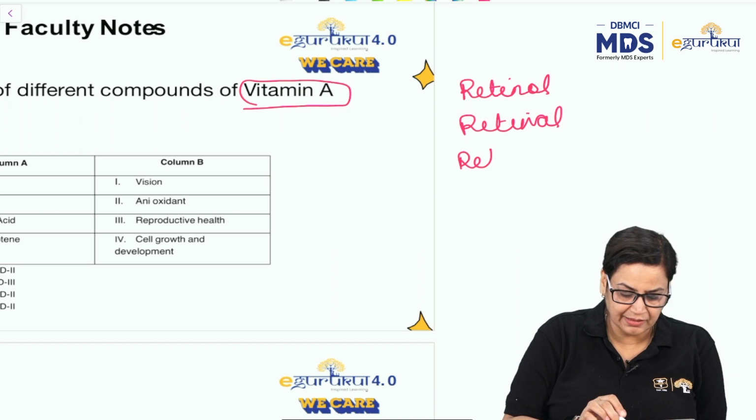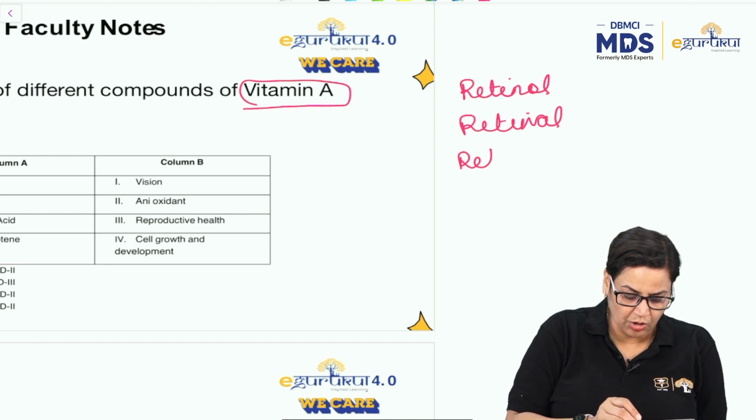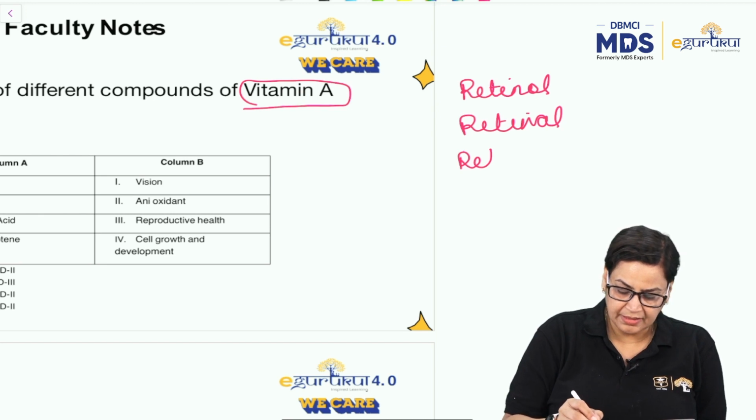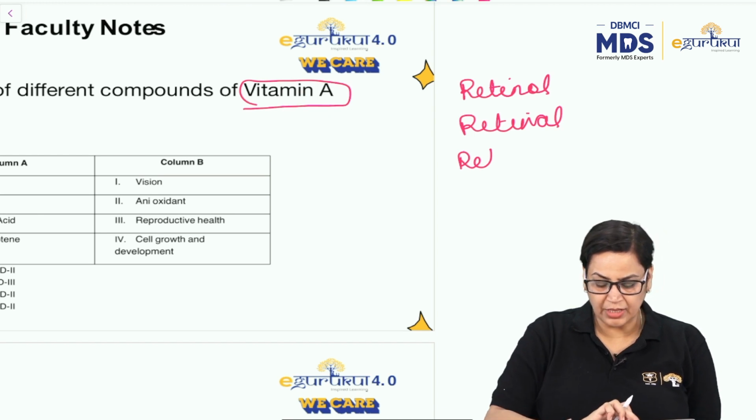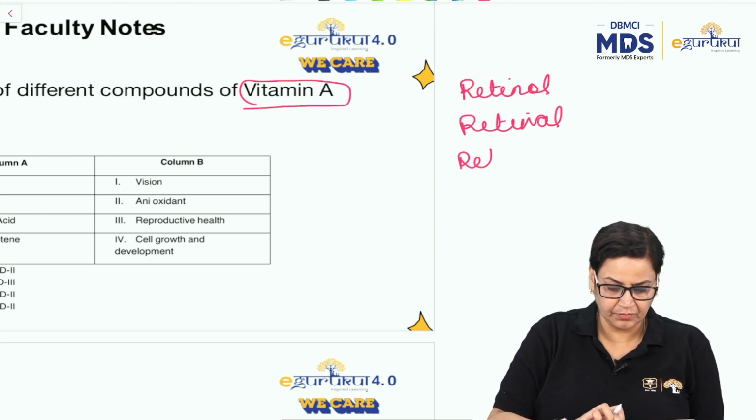A may be 3, B will be 1, C will be 4, and D का option is 2. Right? So the answer will be this.